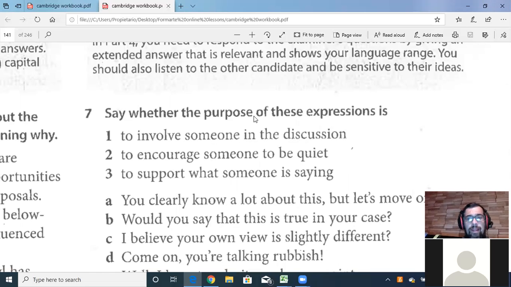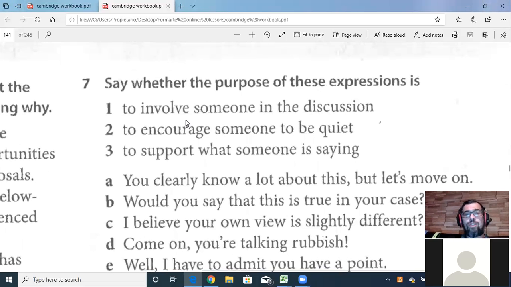So let's just review these expressions very quickly. It says to involve someone in the discussion, or well, it says say what the purpose of these expressions is. So if you want to involve someone in the discussion, for example, if you're just talking with your partner in this conversation part and you want to involve somebody, I would say, what about you?